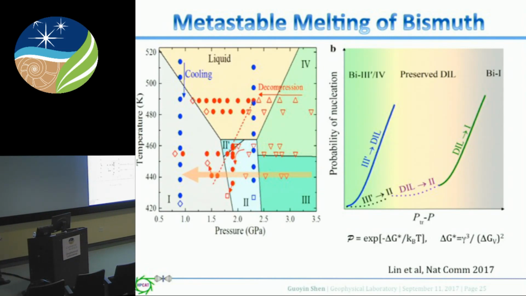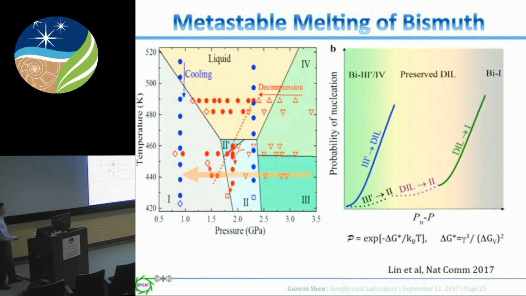Because this is so small, it makes this delta G relatively big, and that hinders the nucleation of phase 2. That's probably the reason that we see the decompression-induced liquid for bismuth for hours in our experiment.